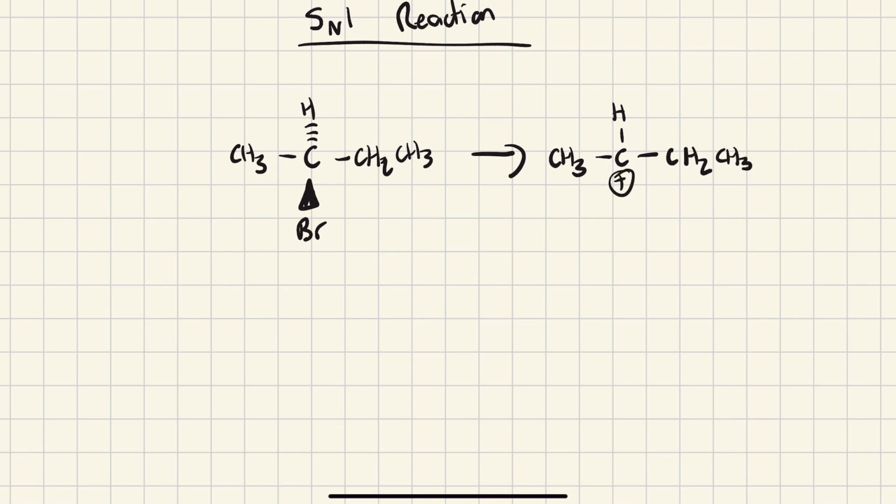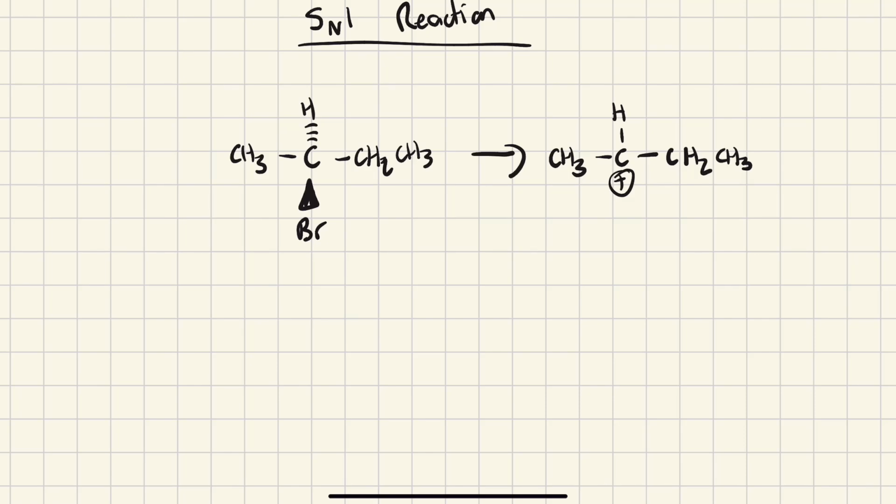That means that when our weak nucleophile attacks, it can attack from, if you think in a 3D way, either the top or the bottom. It'll create both R and S enantiomers. We're going to end up with our racemic mixture.